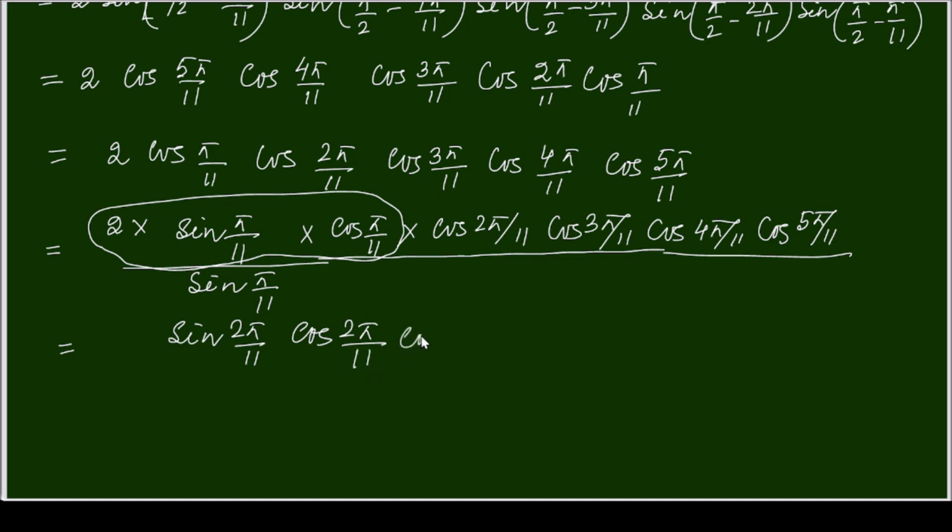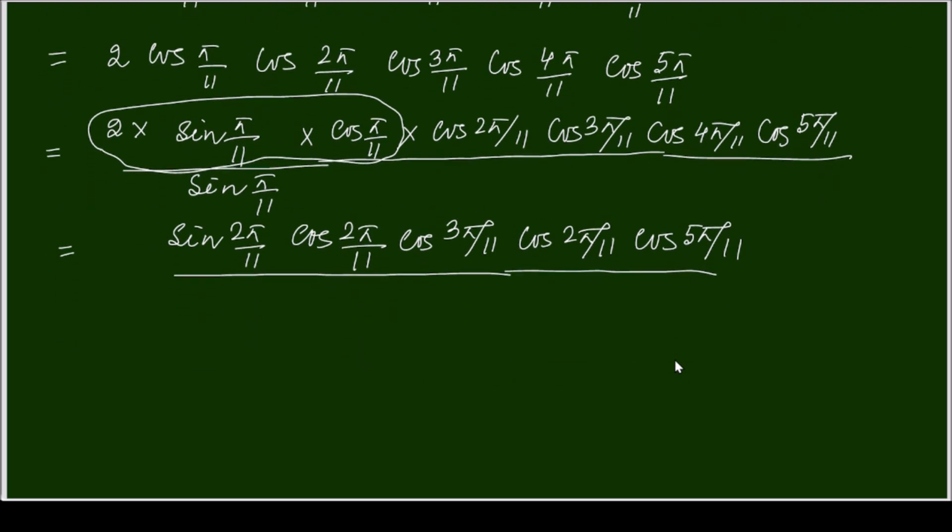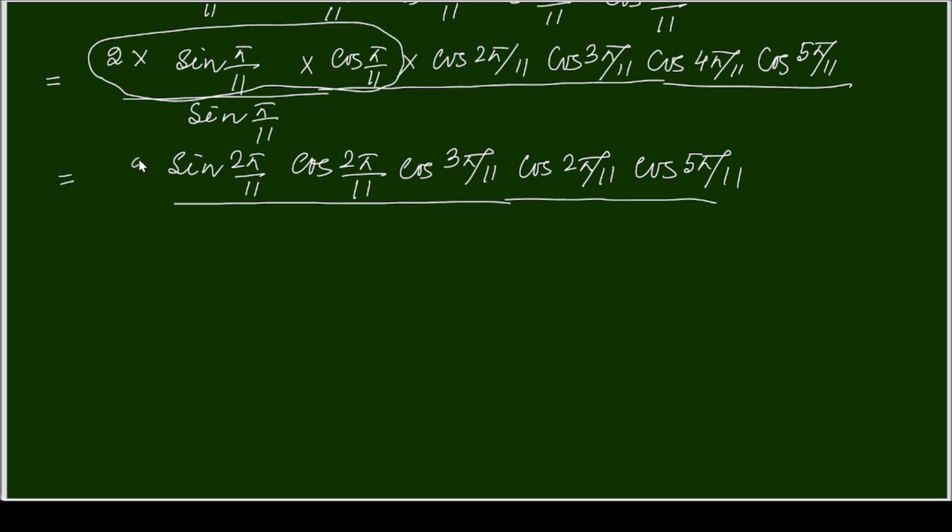So it can be made into the double angle formula, but we need a 2. So in the next step, I'll multiply a 2 both in the numerator and denominator, and it will be 2 sin 2π by 11 cos 2π by 11.